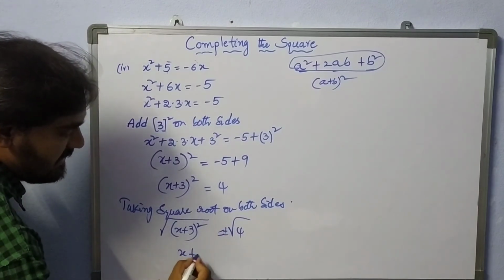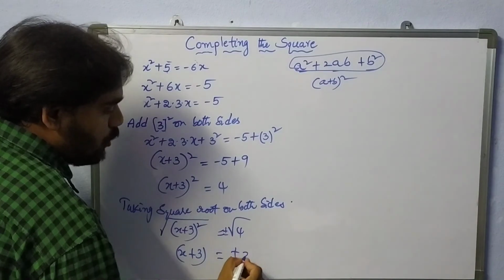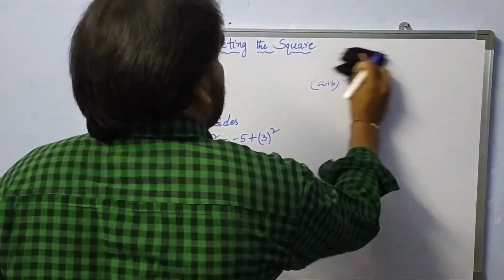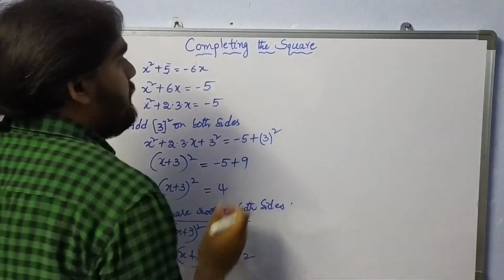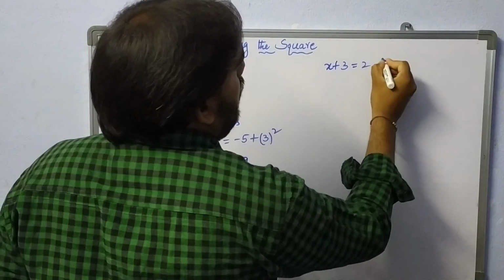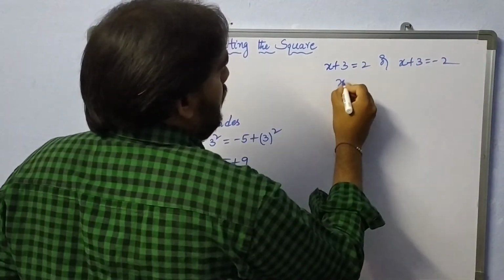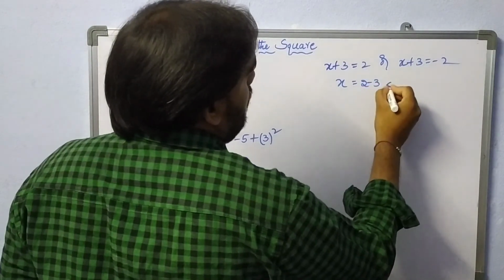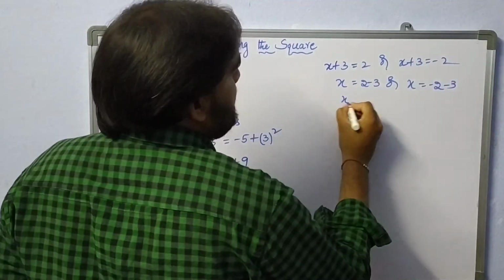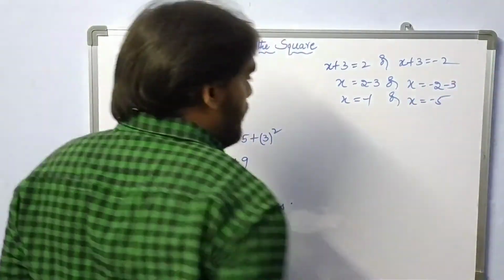Now x plus 3 is equal to plus or minus 2. After that, this can be written as x plus 3 is equal to 2 or x plus 3 is equal to minus 2. Now x is equal to 2 minus 3 or x is equal to minus 2 minus 3. Now x is equal to minus 1 or x is equal to minus 5.